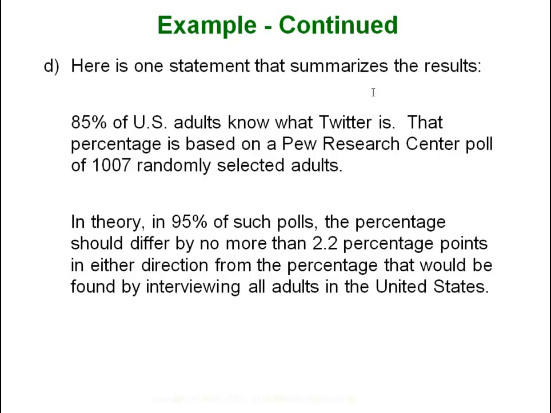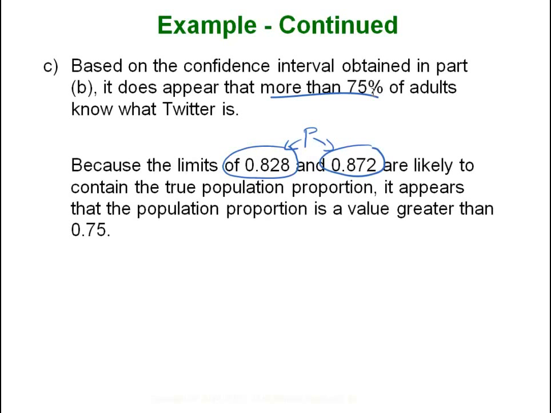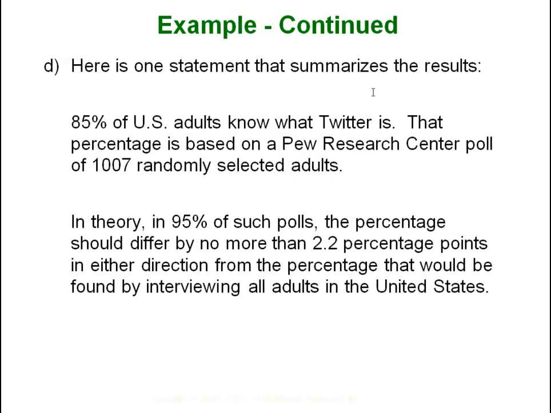And here's how you would write it up. We're 95% confident that 85% of the people know what Twitter is. You could say that our sample resulted in 85%, or 85% of our sample knew what Twitter was, and based on those results, we can be 95% confident that roughly between 83 and 87% of everybody, right?